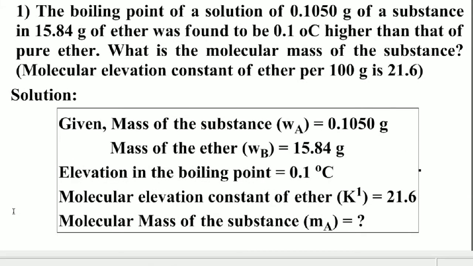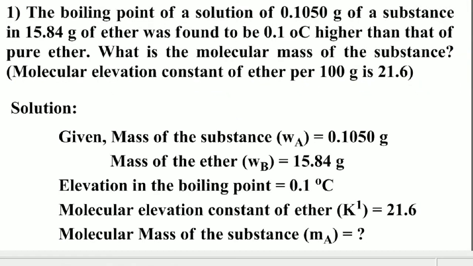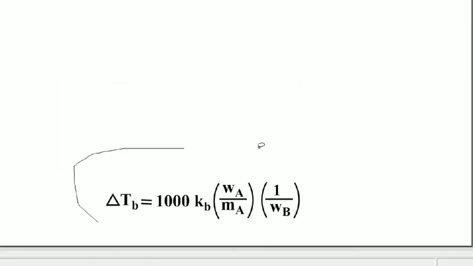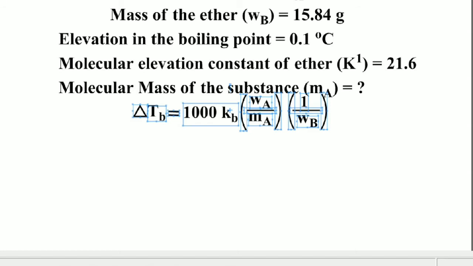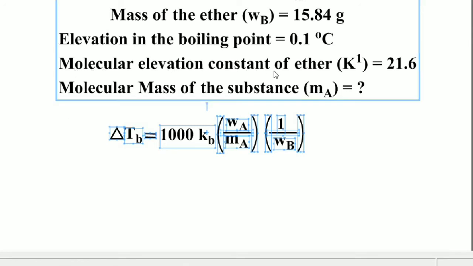Students, in the last video module, that is video module 11, we saw three equations for the calculation of elevation in the boiling point. You can remember equation number 3: elevation in the boiling point, delta TB, equals 1000 into kb into WA by MA into 1 by WB. But students, here the molecular elevation constant is given.